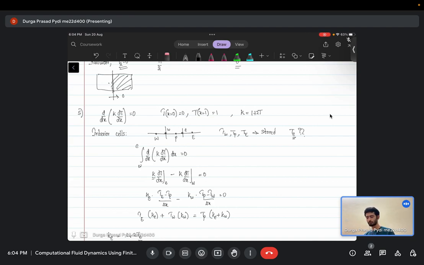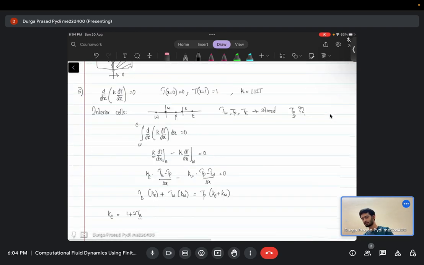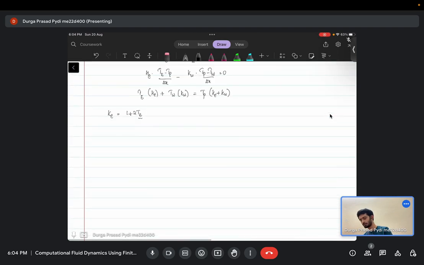So one approach is to essentially approximate it again. You can just take a Taylor series expansion of T little e. T little e can be written as Tp of x plus delta x by 2. You just expand around Tp.